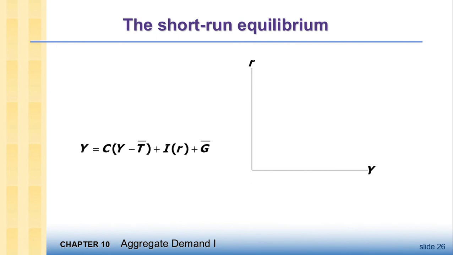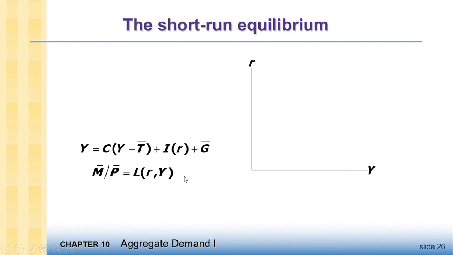Now again, to summarize, what the LM curve basically means is this. You remember for the IS curve we had this equation where consumption was a function of disposable income, investment was a function of interest rate, and government expenditure was exogenously given. And now we have a money market equilibrium where money supply is always equal to money demand. Money demand is a function of the rate of interest and income.